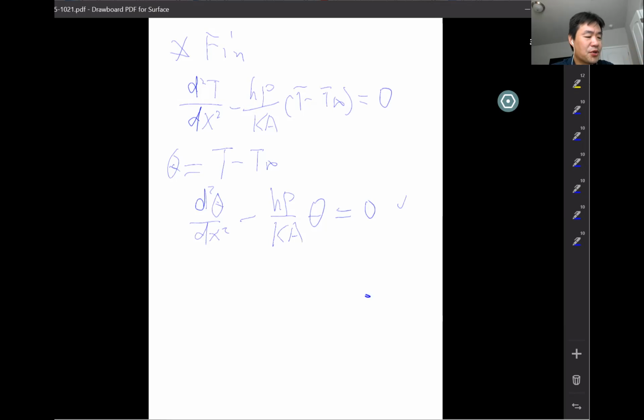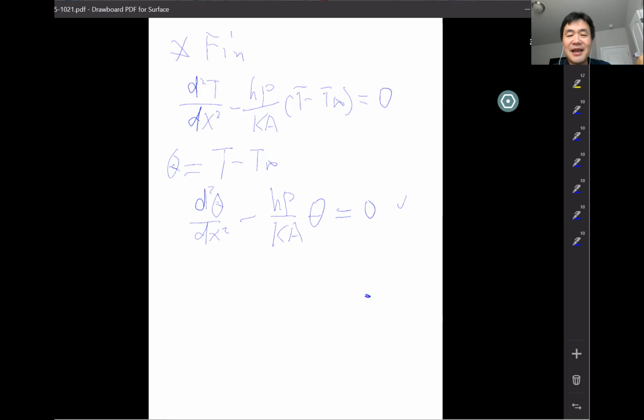For P, make sure you understand, it's the perimeter of that little band you marked in dark color in the drawing. So P dx, look at what's on the drawing. What is P dx? The perimeter times dx.